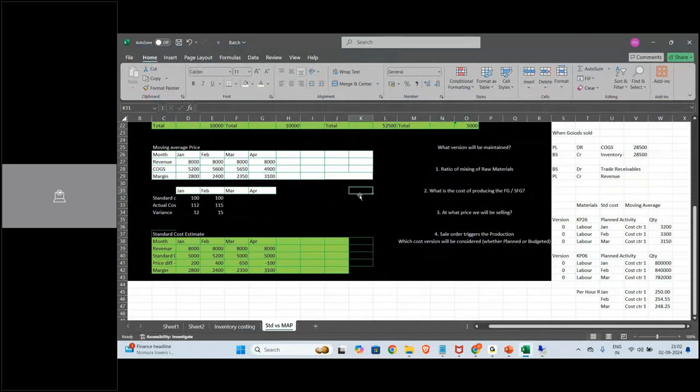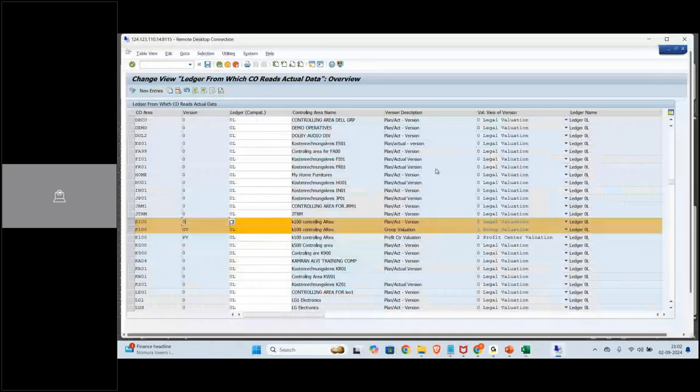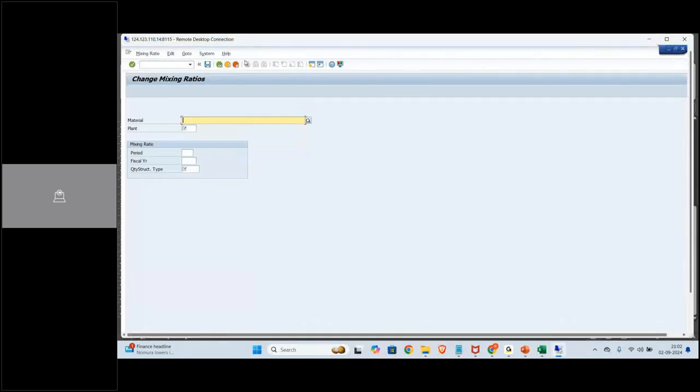Otherwise, we will look at the second question. Now, there was one more thing which I had to show you, mixing ratio. CK91 or 94? CK94, I believe. For which material I don't remember now. With variation versus fresh, old versus new raw material. It should be local versus some. Let's see split valuation 2.